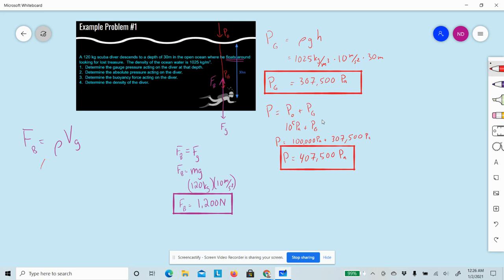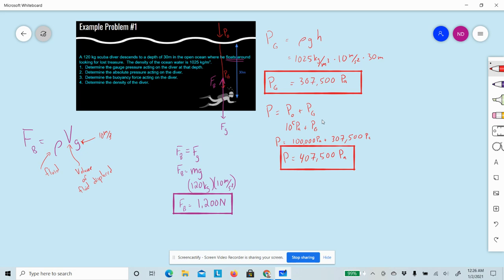Rho is the density of the fluid, v is the volume of the fluid that gets displaced, and g is our ever happy 10 meters per second squared. But that's how they calculate that.